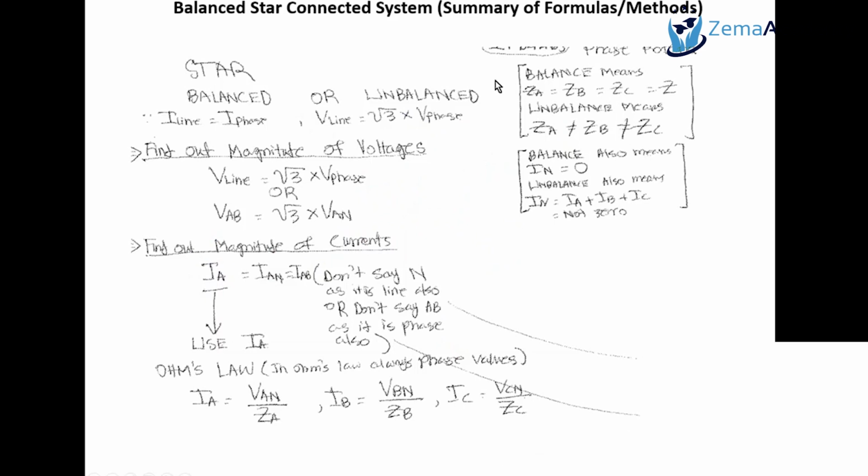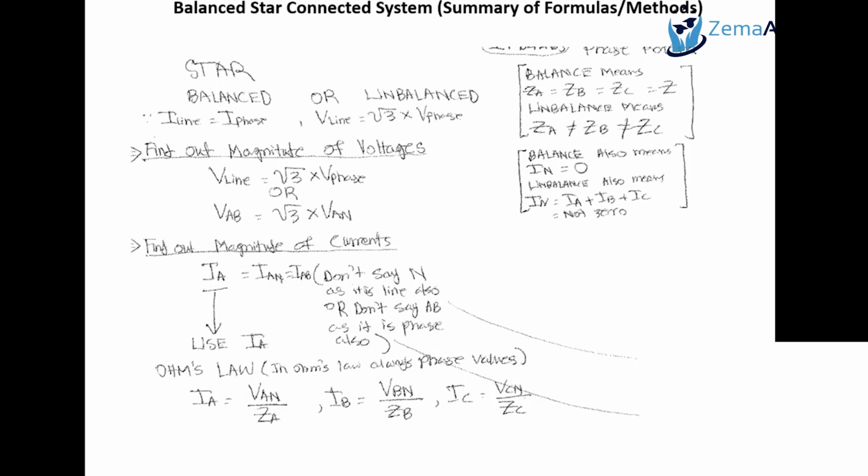Now this is the conclusion, summary of formulas and methods. You can stop this video now, but you can continue if you want to see how I can summarize the star connection three-phase system.